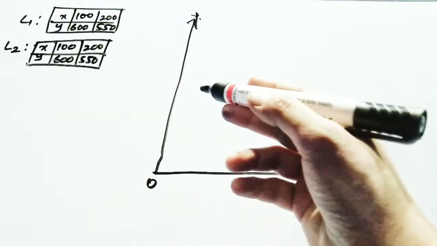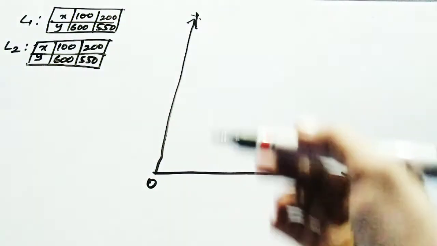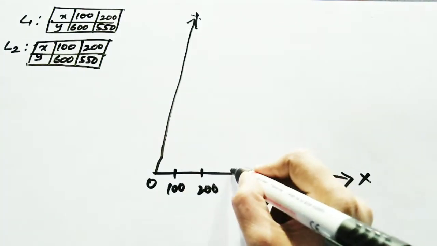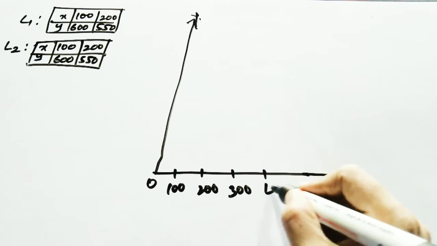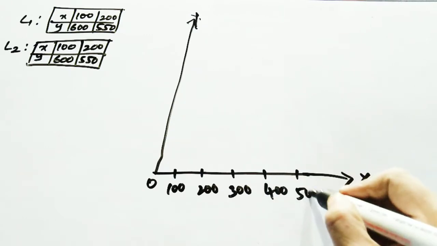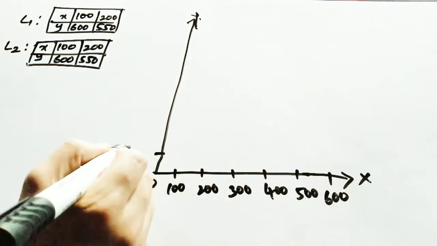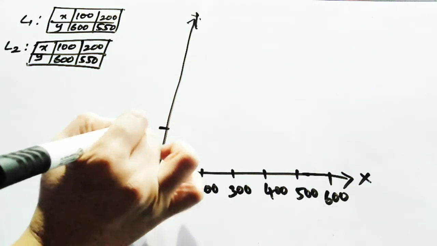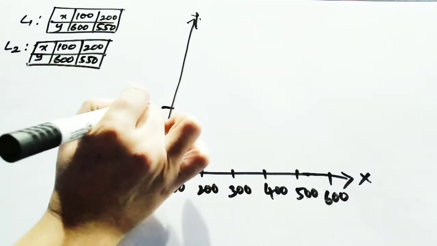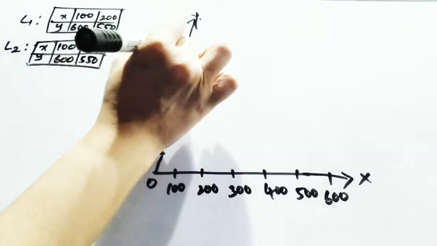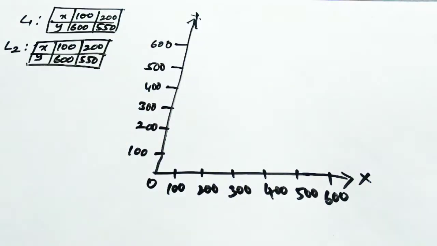So what is your x? Up to 200. What is your y? 600. I am taking 100, 200, 300, 400, 500 and 600. That is your x. Let's take y, 100 with equal distance: 300, 400, 500 and 600.